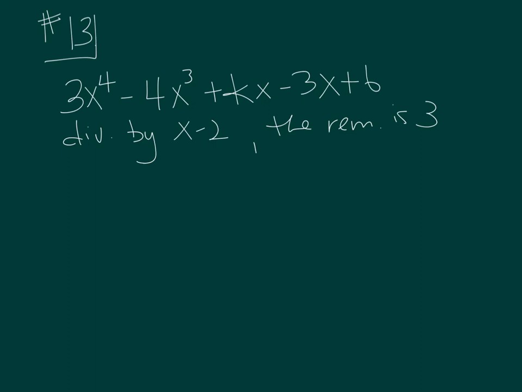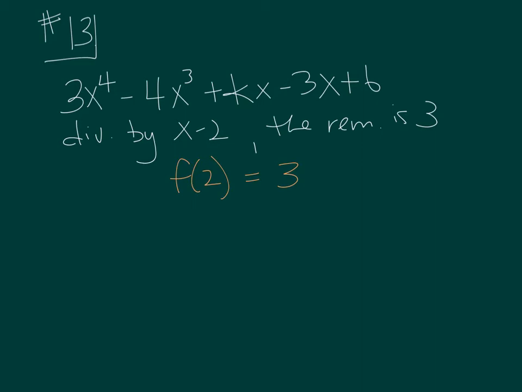Number 13 says determine the value of k so that when 3x to the 4 minus 4x cubed plus kx minus 3x plus 6 is divided by x minus 2, the remainder is 3. So what I really need to do is take that function and put a 2 in, because that's divided by x minus 2, and then when I do that, the remainder needs to equal 3.